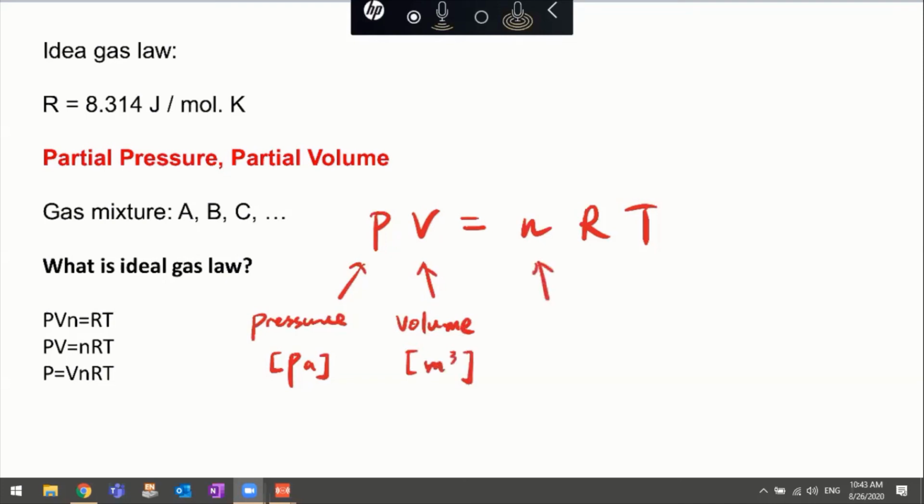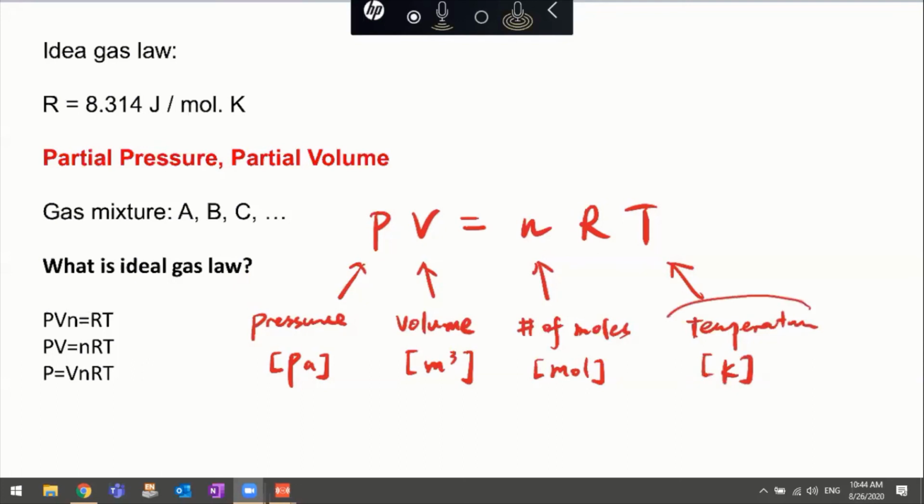n is the mole number, so number of moles for these gas species. So it carries the unit of mole, right? T is temperature. It has the unit of Kelvin. So I have to emphasize here, when we talk about temperature, it's Kelvin, it's not Celsius.